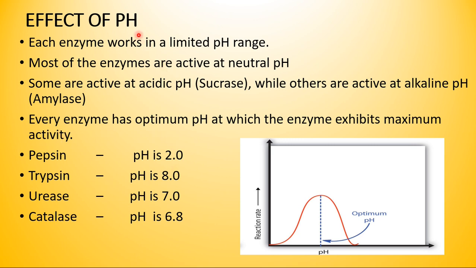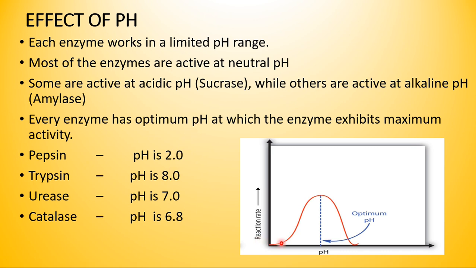Since enzymes are proteinaceous in nature, the pH changes affect the ionic characters of the amine and carboxylic groups of that protein which are present on the surface, and markedly affect the catalytic nature of an enzyme. So this is all about the effect of pH.